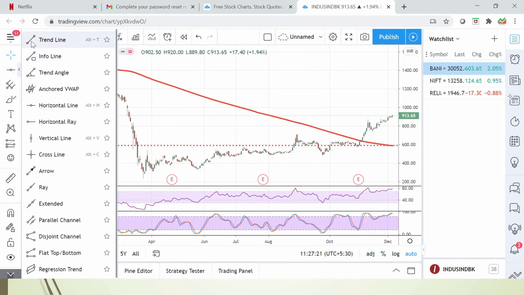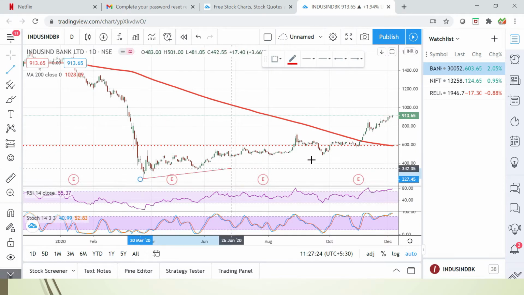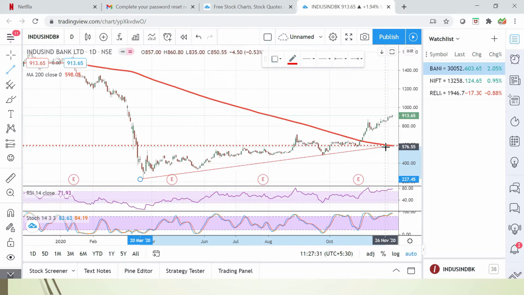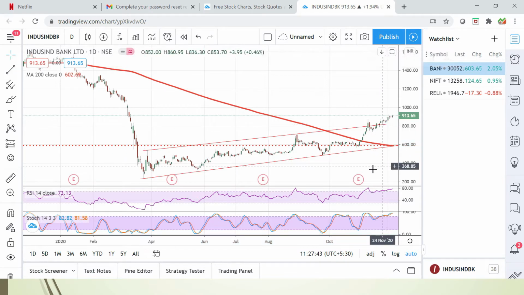Here IndusInd Bank was trading in a nice trading channel, upward sloping, but not greatly. Not perfectly parallel but almost. It is a good trading channel, but more of a consolidation zone.